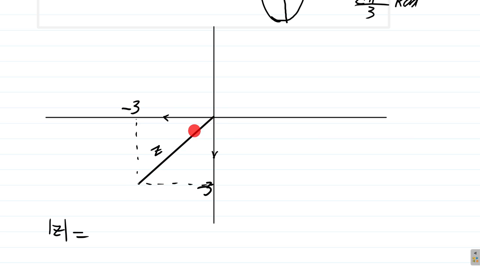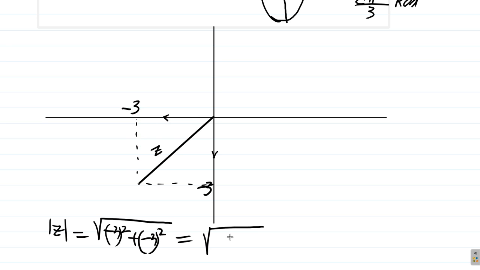So the magnitude of z would be this line. It's going to be the square root of negative 3 squared plus negative 3 squared. Pythagoras theorem. 3 squared is 9 plus 3 squared is 9. Square root of 18 is the magnitude.